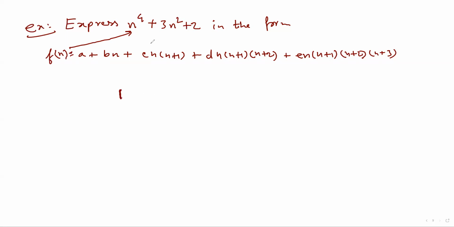We can use them. For example, the expression n to the power 4, the coefficients are 1, 0 because n cube is absent, 3 for n square, 0 because n is absent, and 2.